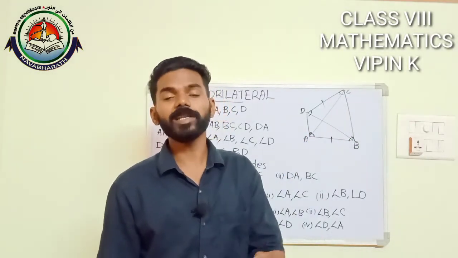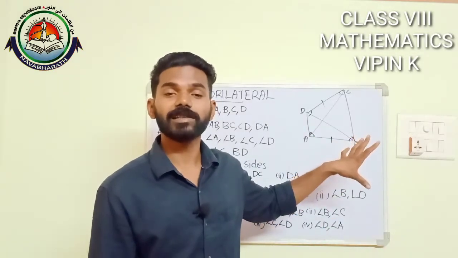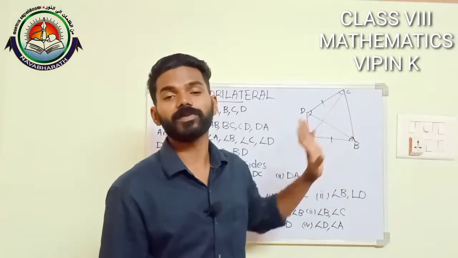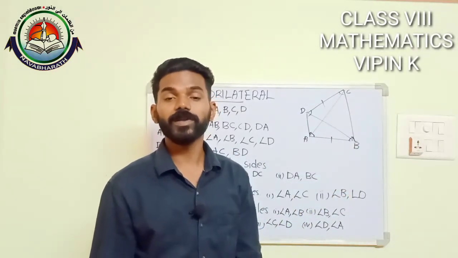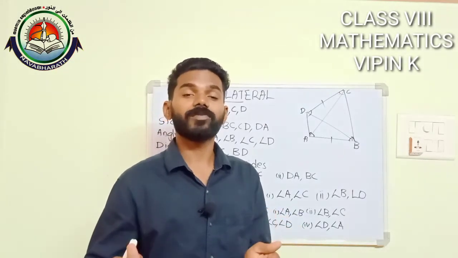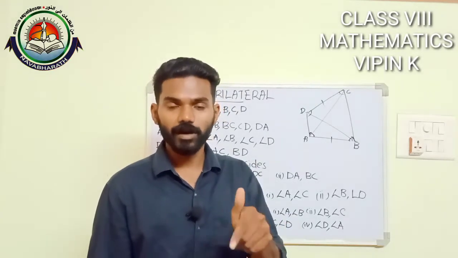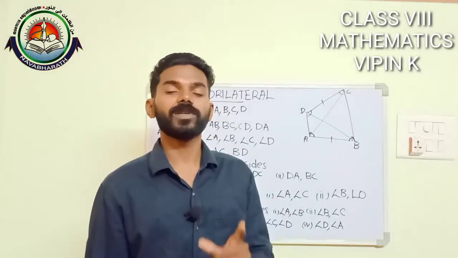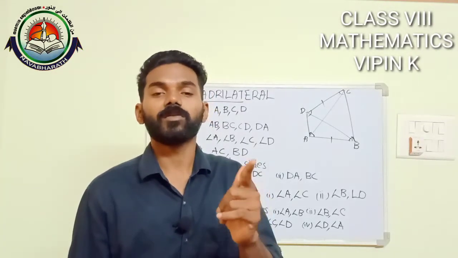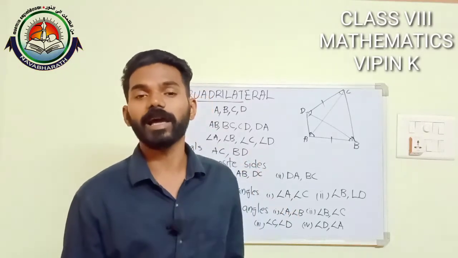Depending upon the relations between the sides and the relations between the angles of a quadrilateral, we divided the quadrilateral into different special types. And now we are going to check which are the special types of quadrilaterals and what are the relations between their sides and their angles.